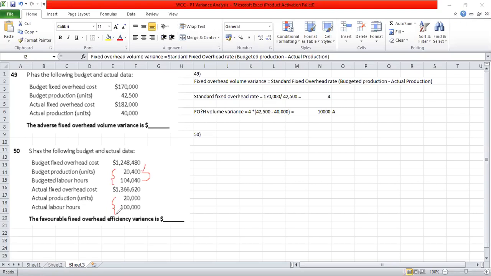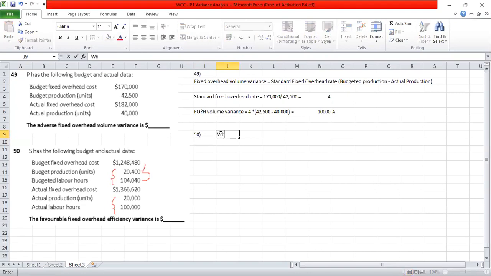It makes sense, because actual is already incurred. We cannot adjust the actual. So considering the actual as the base, the standards will be altered. Here, make a note of what the formula looks like. Please make a note of it. I am also writing it on the screen.